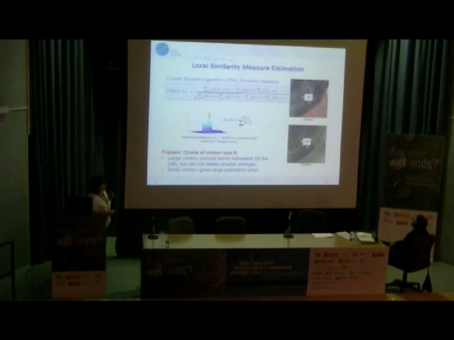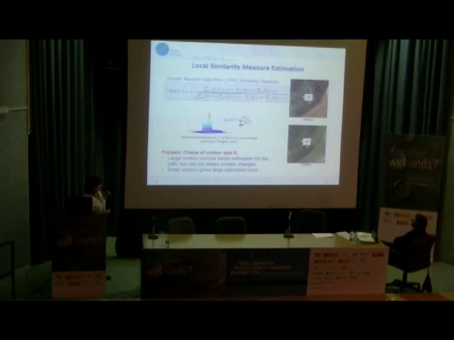We choose to work with statistical similarity measures. In particular, we choose to use what is called the cluster reward algorithm, and it's basically calculated from the joint histogram of the two windows, or corresponding windows, in the two images.